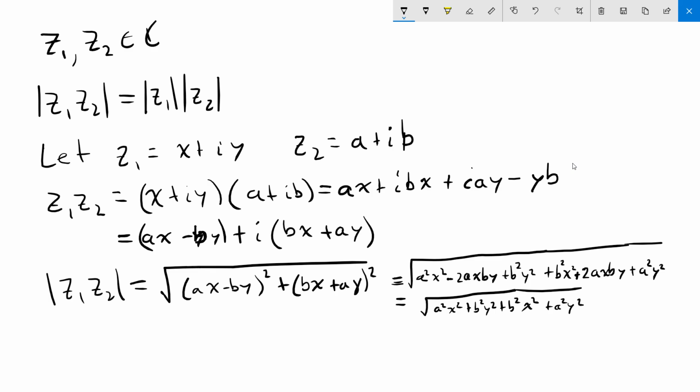So let's see. How can we make this look better? Let's group the a squareds together. So we'd have a squared times x squared plus y squared. Then we'd have b squared, again, x squared plus y squared.